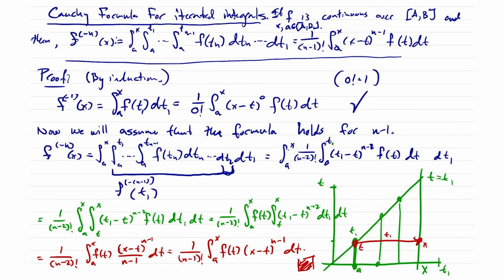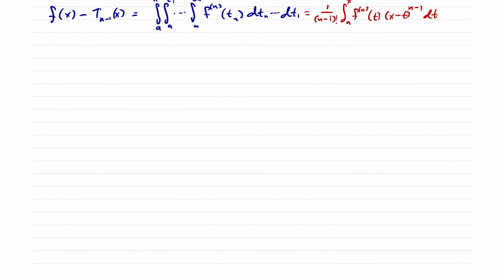Let me just make sure I did that right. Yep, and there we go. So that gives us a formula, and this is going to be the remainder after we subtract off the (n minus 1)st Taylor polynomial.